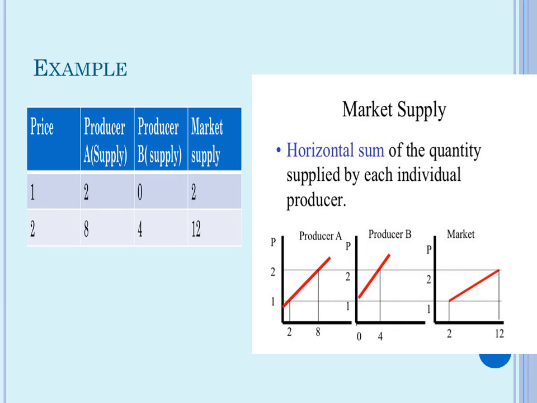The first supply curve shows the relation between price and the quantity supplied by A, the second curve shows the relation between price and the quantity supplied by B, and the third graph shows the market supply curve. It is the horizontal sum of the quantity supplied by each individual producer.